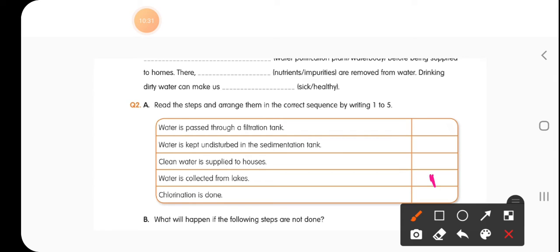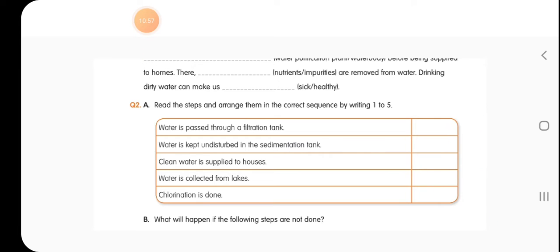The second step is it is first kept undisturbed in the sedimentation tank. Then the third step is water is passed through a filtration tank. Then chlorination is done. At last, clean water is supplied to the houses. 3, 2, 5, 1, 4. This is the sequence.